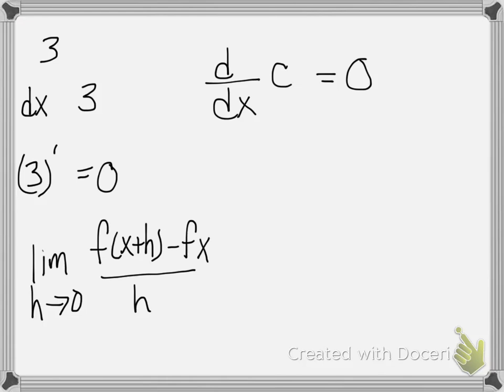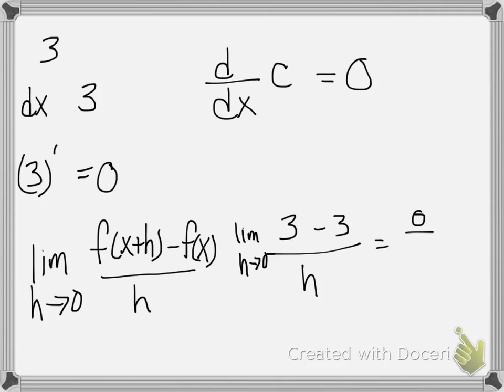Well, we don't have one of those, so we just say 3, and then minus our f of x, which in this case is 3, all over h as the limit as h goes to 0. Well, that's going to leave us with 0 over h, which is just 0. So that's why the derivative of a constant is 0, because we just have the constant minus the constant on top.